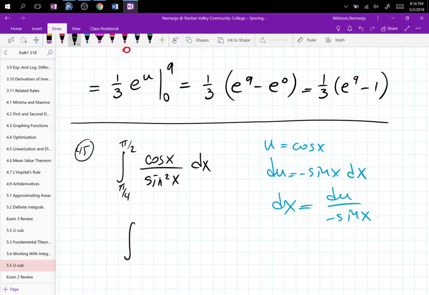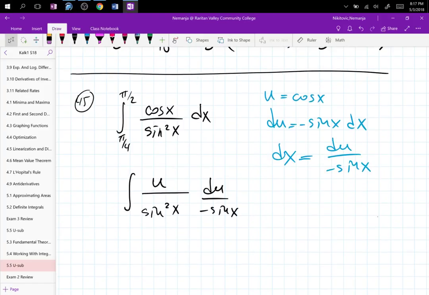For instance, integral is equal to cosine, so that's going to be u over, I don't have anything for this, so I have to copy it as is. And now instead of dx, I have du over negative sine x. Do you see that you just made it worse?